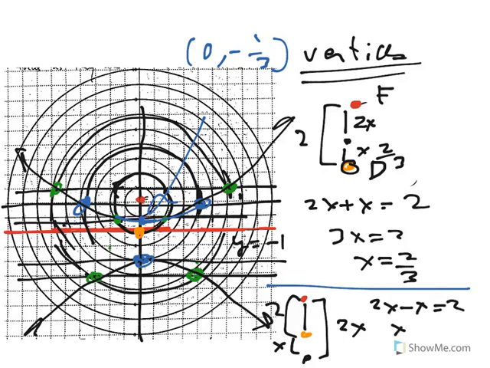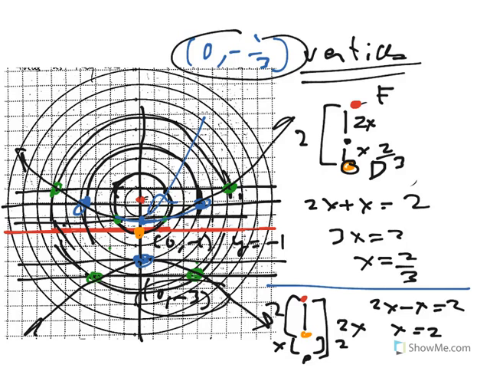So x would have to equal 2. So 2 underneath the yellow, well, the yellow is at 0, -1. So if I go 2 below it, I'm at 0, -3. So those are the 2 vertices.